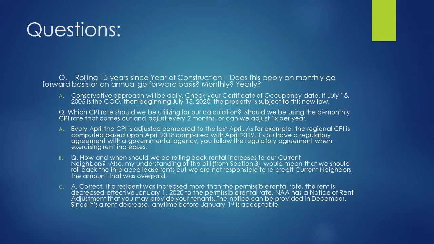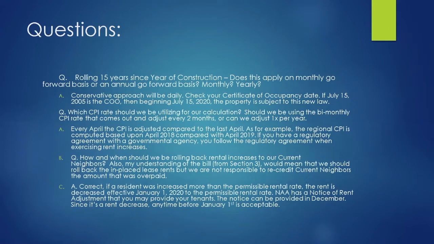And I think that's where you're going to be as opposed to monthly or yearly. If the property was built in 2005, and you got your COO on January 1st, I just don't think that you're going to be able to enforce an exemption on this property if your property had the COO on January 1st, 2005.